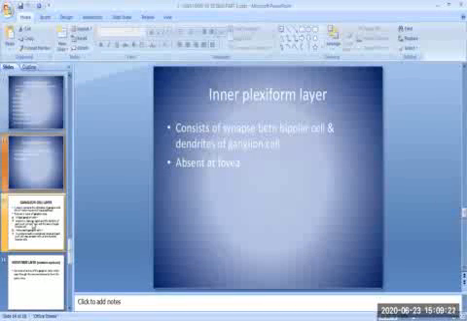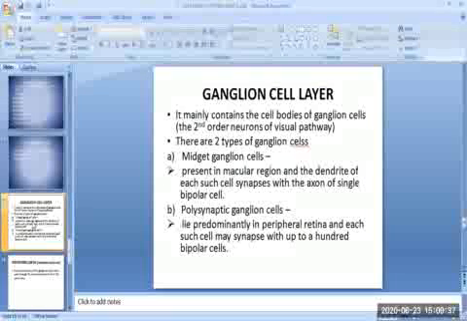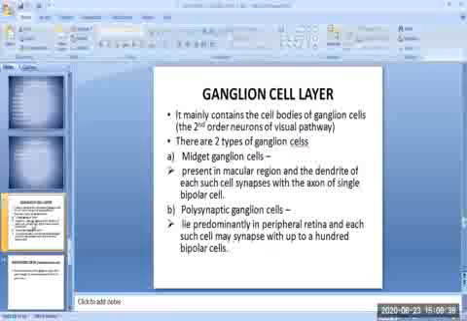Next, the seventh layer is the inner plexiform layer. It consists of the synapses between bipolar cells and dendrites of ganglion cells. It is absent at the fovea. The eighth layer is the ganglion cell layer. It mainly contains the cell bodies of ganglion cells, which are the second order neurons of the visual pathway.